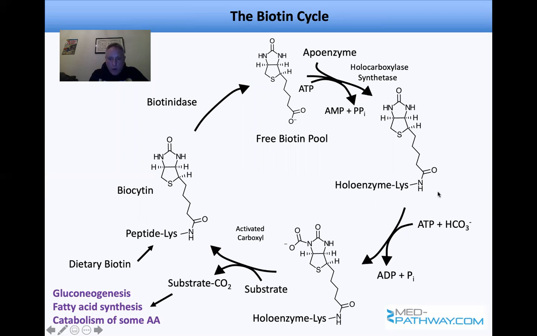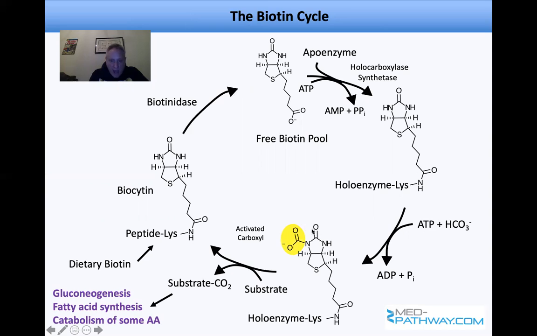And so these holo enzymes then can actually use ATP and add on the carboxyl to load up the biotin, and that activated carboxyl is going to be used to donate as a substrate to fatty acid synthesis enzymes like acetyl-CoA carboxylase, to gluconeogenic enzymes like pyruvate carboxylase, which makes oxaloacetate, as well as the catabolism of some amino acids.